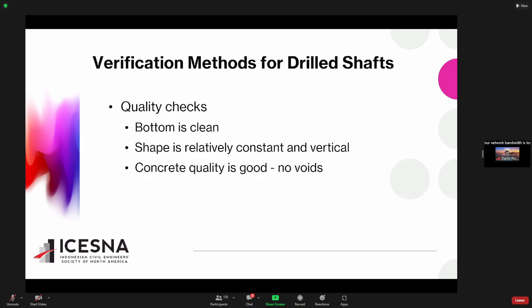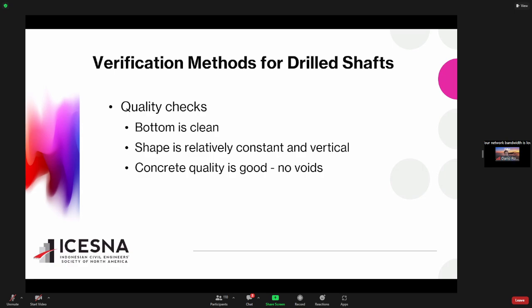And thirdly, you want to make sure that the concrete is of good quality. When you construct a very large diameter drilled shaft, you're talking about a massive amount of concrete, not like a driven pile, which is only a little bit.